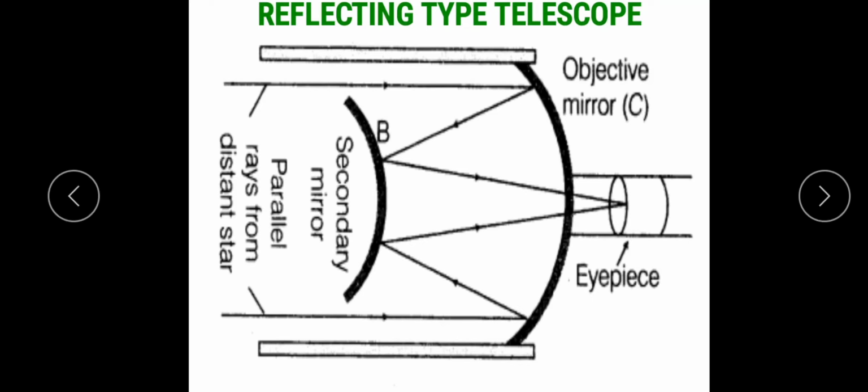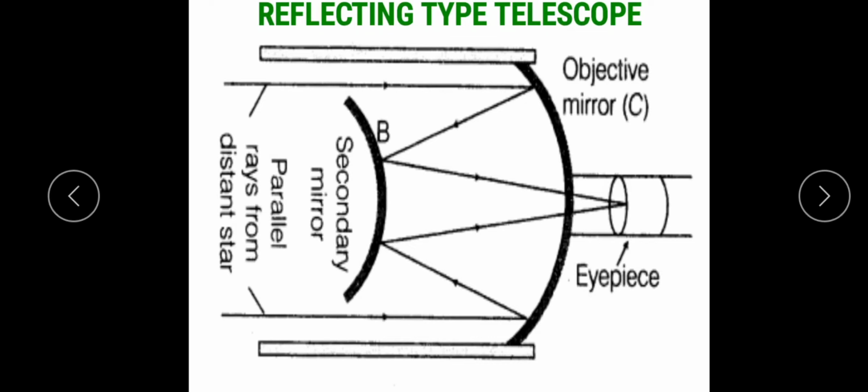In the Cassegrain telescope, there is a parabolic concave reflector of nearly 5-meter diameter with a narrow hole at the center. That is the actual mirror used in the telescope.